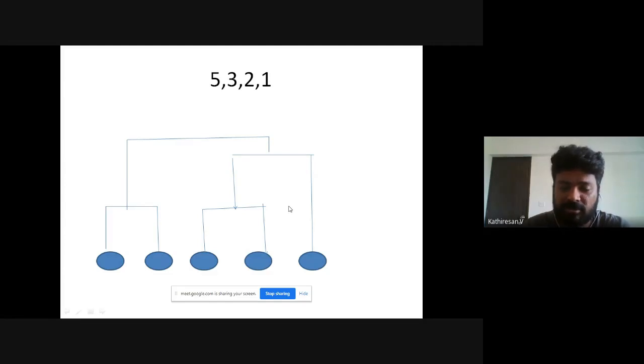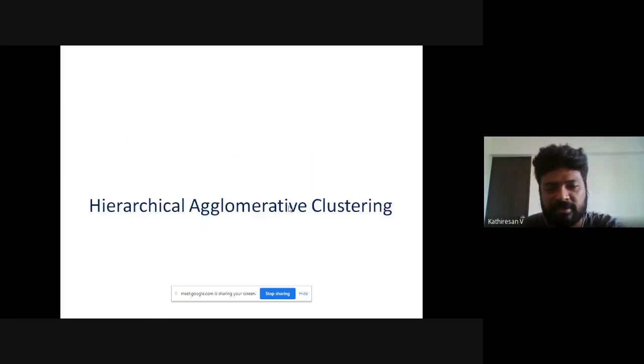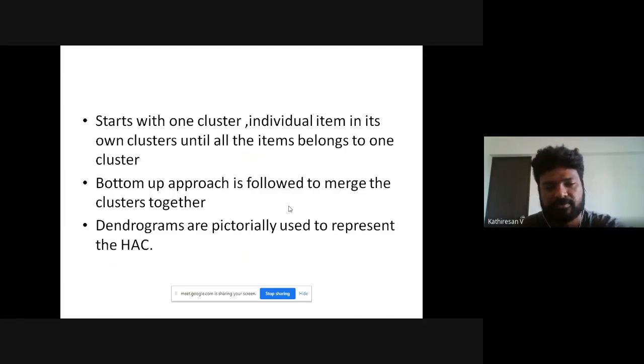It is up to you, which level you want to go to and how many clusters you want, because this is how hierarchical agglomerative clustering works. It starts with individual items, each in its own cluster, until all items belong to one cluster.